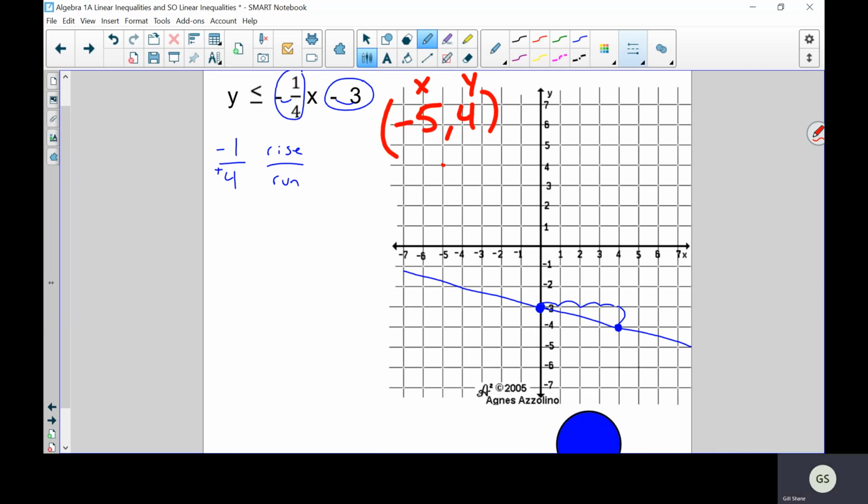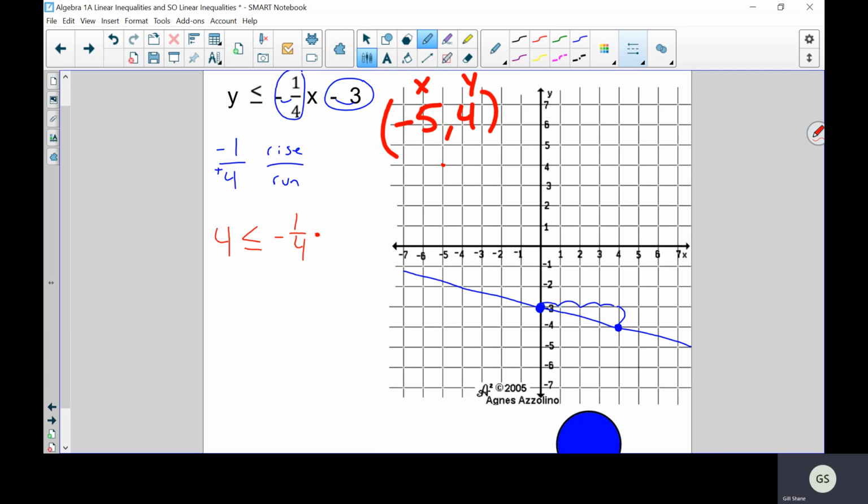And I just plug those two numbers into the original inequality. And I see what numbers I get at the end, and I need to determine, is that true or not? Did it make it a true statement? So let's plug them in. y is 4, so I put a 4 there. That's got to be less than or equal to -1/4 times x. Times means multiplication.